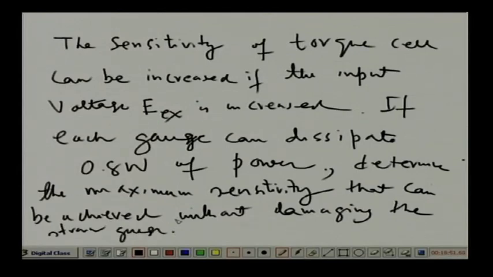You see, a strain gauge always has some limitation, that means how much power it can withstand. That is already given, 0.8 watt of power it can pass. So, accordingly you must calculate the current. Once you get the current, you know the voltage. Once you get the voltage, you can calculate the sensitivity, right.